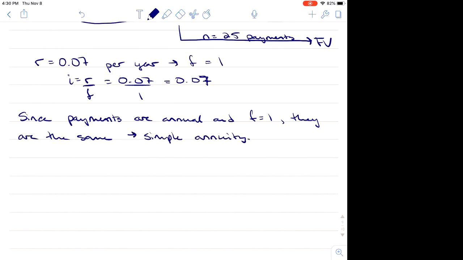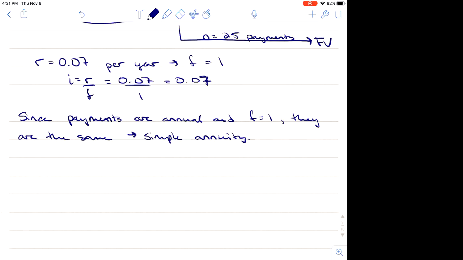So it's good to get in the habit of checking. How often am I making payments? When am I compounding? Are they the same? Great, then I can ignore that. If not, then we go to that extra step where we adjust it before we do any calculations.